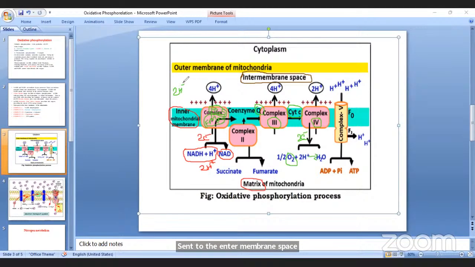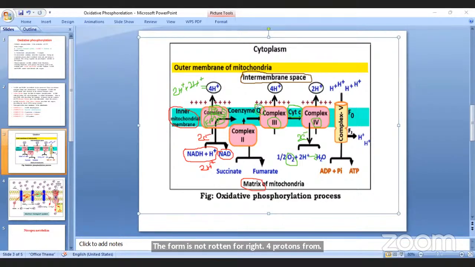How many electrons are transported through complex 1? 2 electrons. Each time, for 1 electron, 2 protons. Another electron, 2 protons. Totally, 4 protons are formed. Clear?